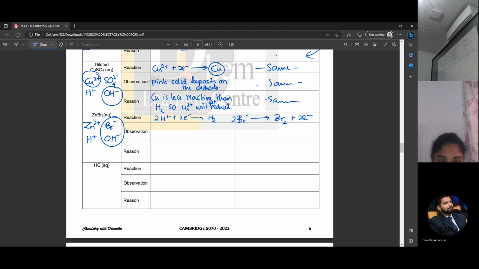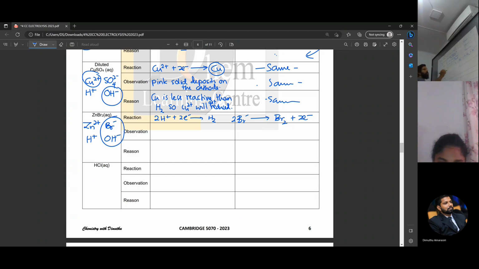We don't know. In that situation, they will give you enough information: colorless gas, bubbles shown and all these things. You don't decide with the bromide, for example oxygen. So you have to adapt depending on the information, right? Because in chemistry, no rule is 100% applicable for all situations.